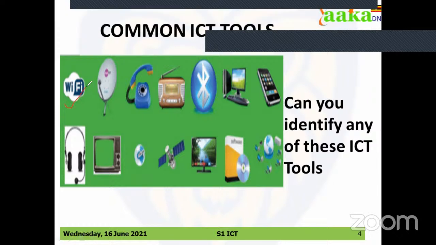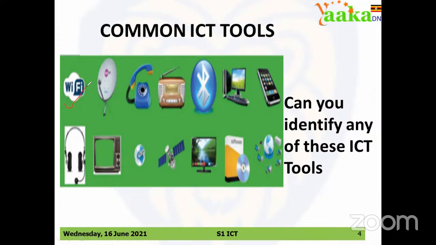This one is what? Daniel? It's Wi-Fi. I think I need to put this list close so that I keep monitoring you. Esther, identify any component that you can see on screen and tell us its name.